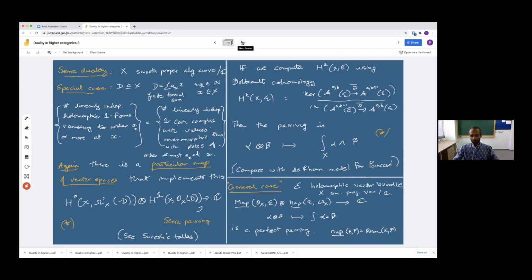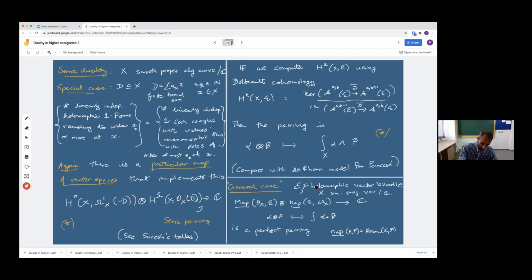So there's a more general version where instead of E and F, maybe I should write it in the general version. I think that's going to be even better. Let's say E and F are holomorphic vector bundles. Then I can do this more general thing. Then you really need the trace.